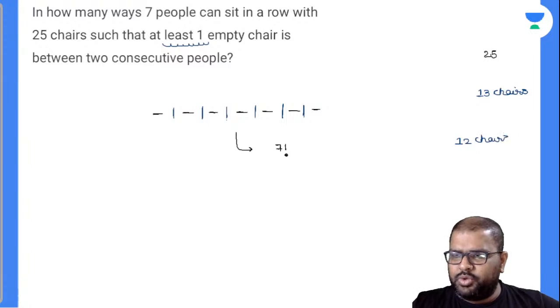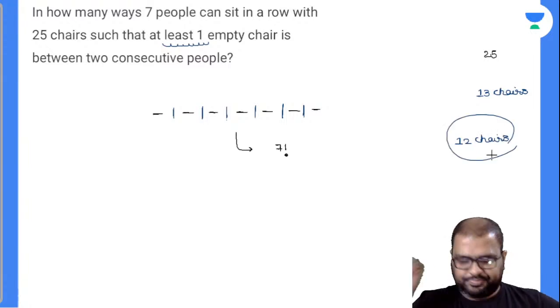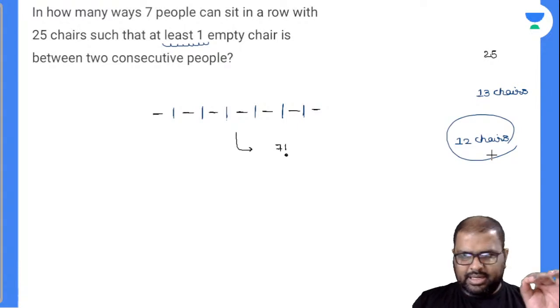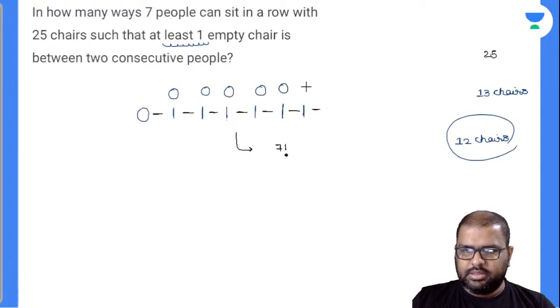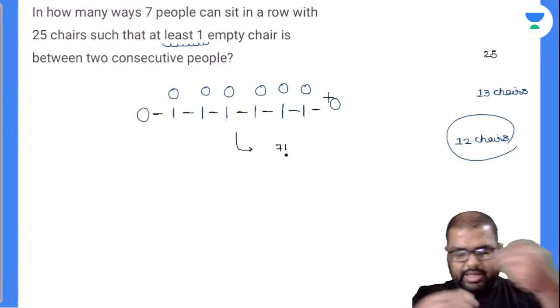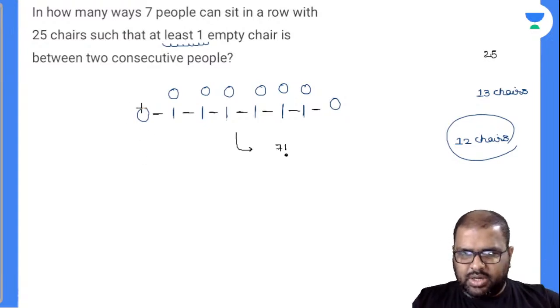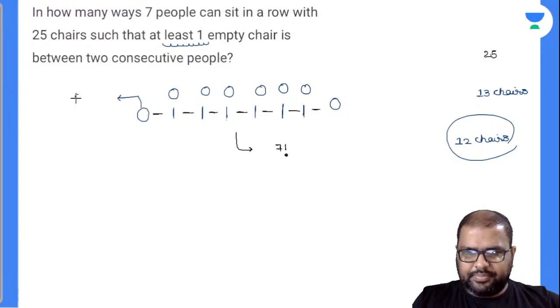Now how can you seat these 12 chairs? Look, these 12 chairs can be here, can be here, can be here, can be here. Of course, from 0 to 12, any number can be there. So this slot can contain 0 to 12, this slot also 0 to 12.